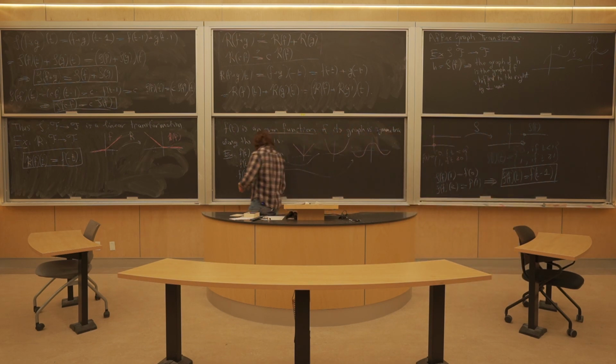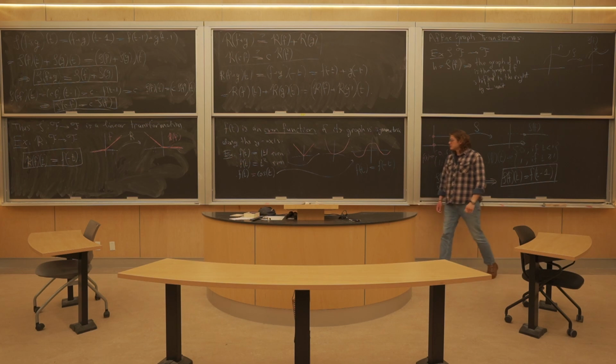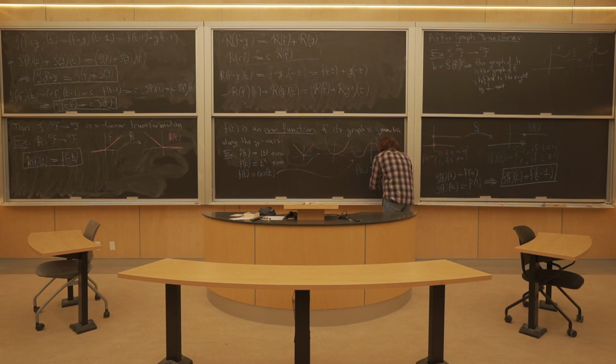So using a formula, I can write it like so. F is even if f of t is the same thing as f of minus t. But f of minus t is nothing but r of f at t.